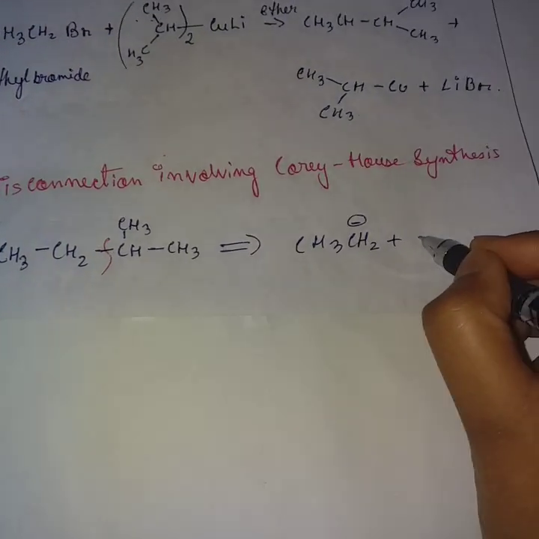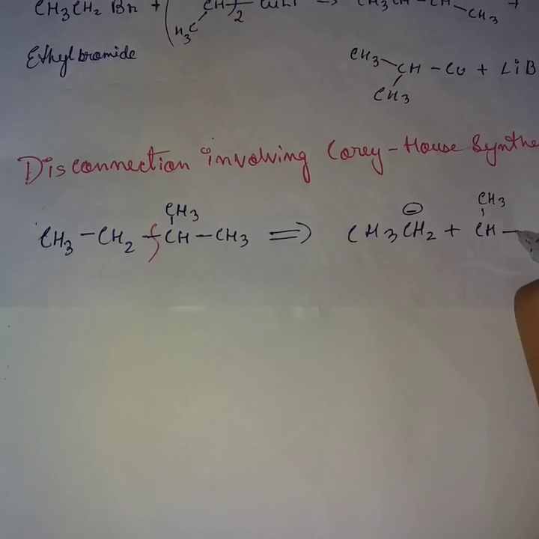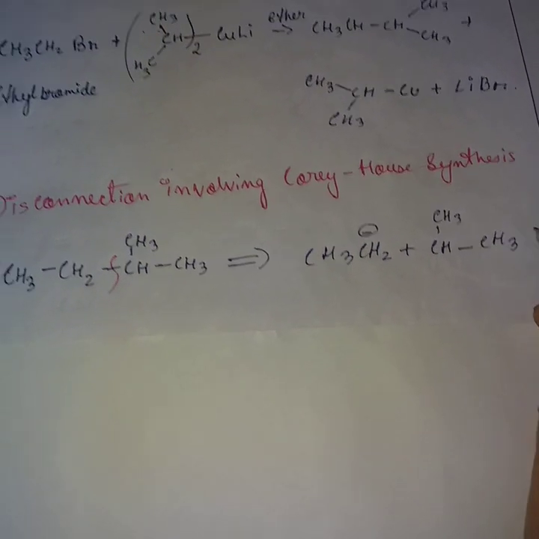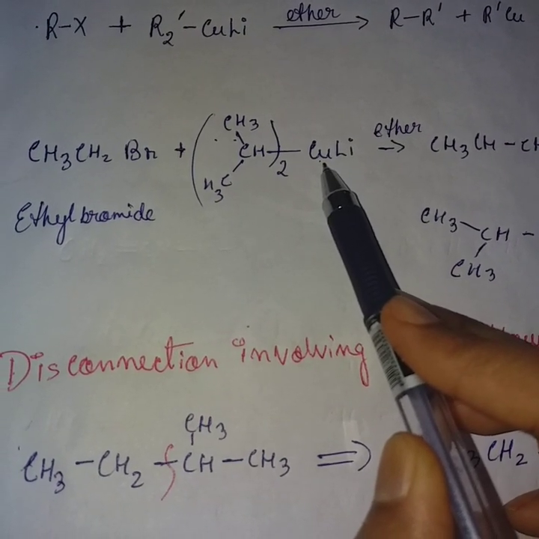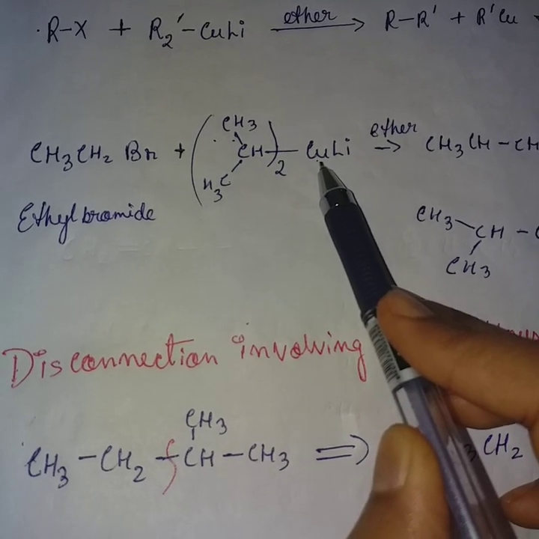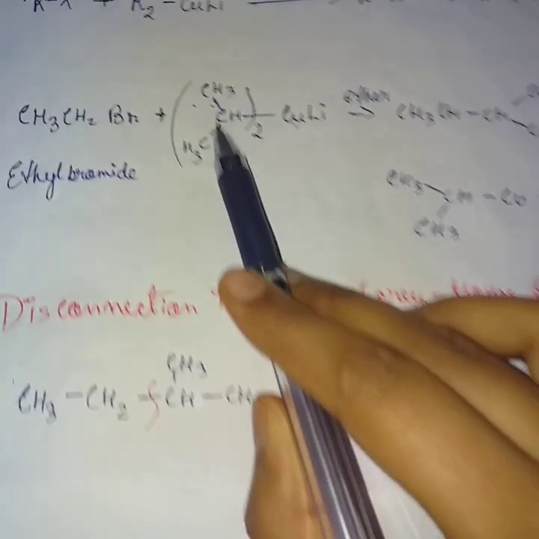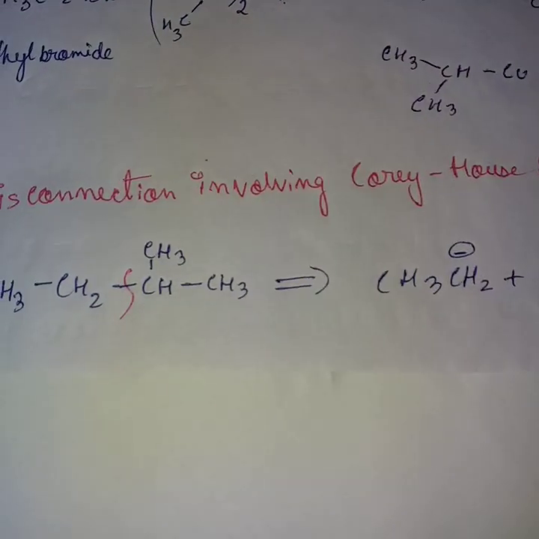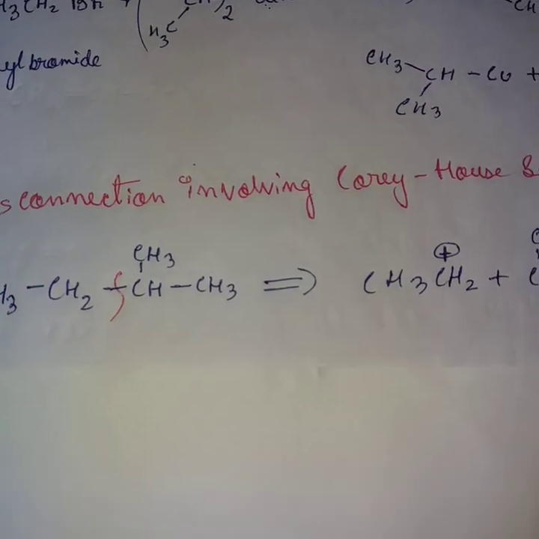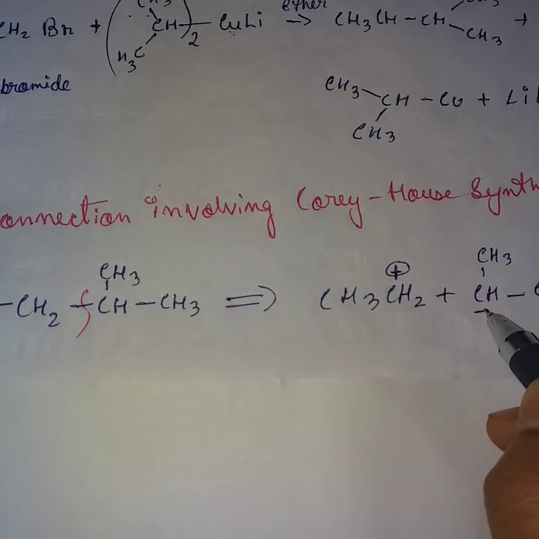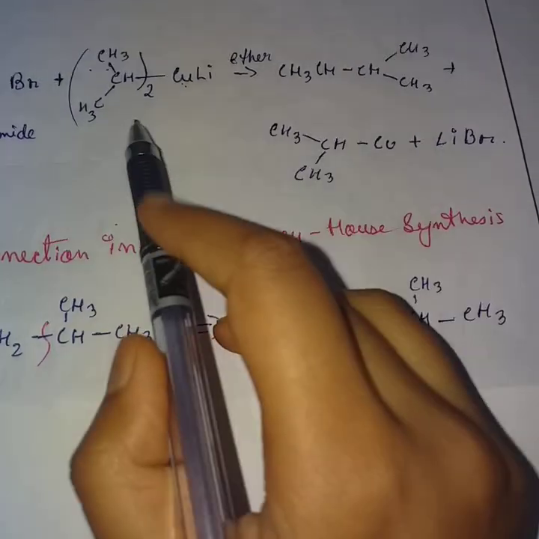You will get an idea as to where to give positive and negative charge, because look here, copper is a metal and you know metal possesses positive charge. So automatically the adjacent carbon will get a negative charge, and from here you can get an idea that this will be positive.